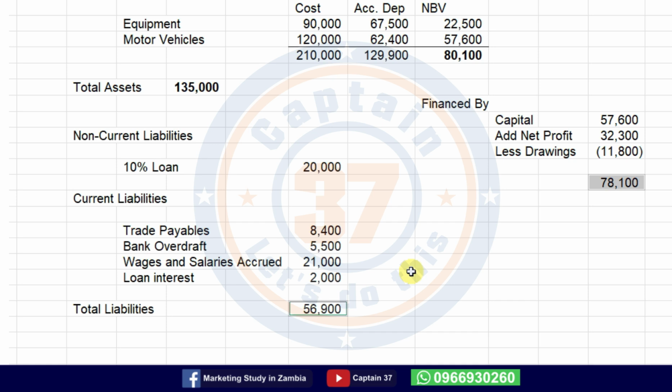So the accounting equation is that the total assets is equal to total liabilities plus capital. When we add this 78,100 to the 56,900, it must give us 135,000, and it does give us 135,000.